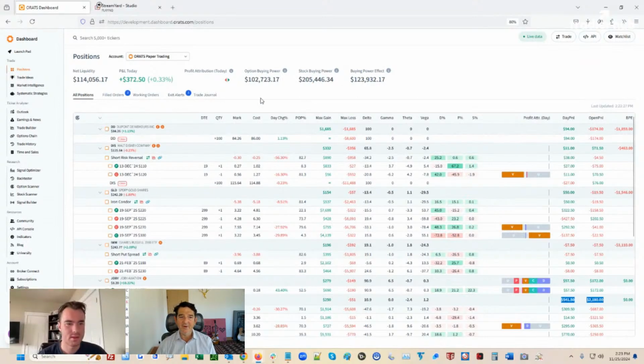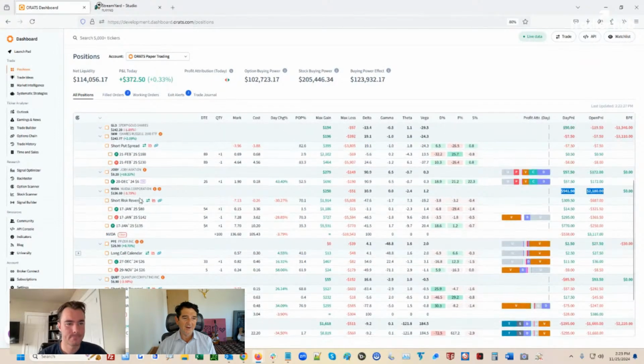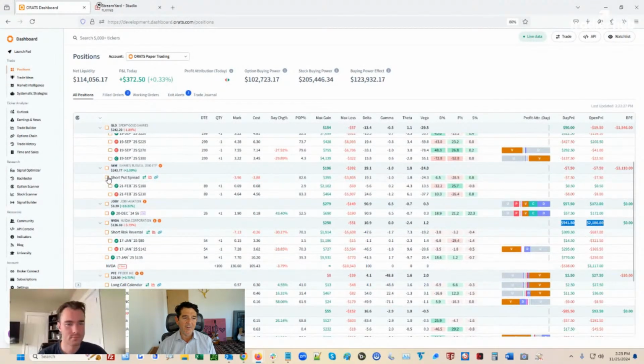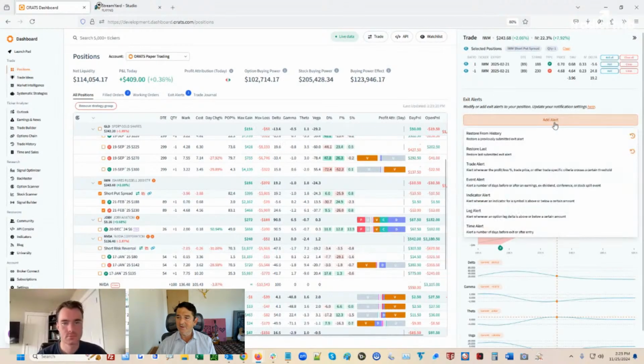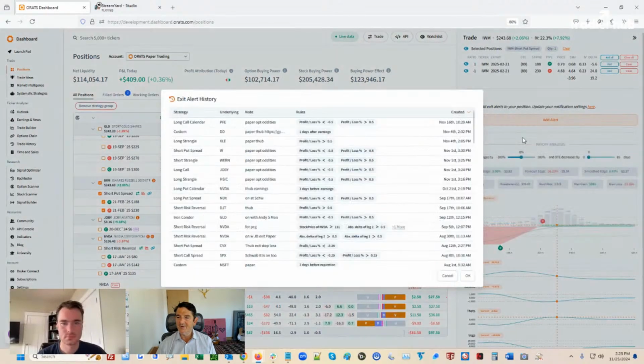Yeah, so when you fill, then you could go back and click on triggers here, but we're going to probably let this ride pretty far. You could put alerts, and I don't know if we've showed this, but you could restore them from history now. So maybe I'll find one that we're short.